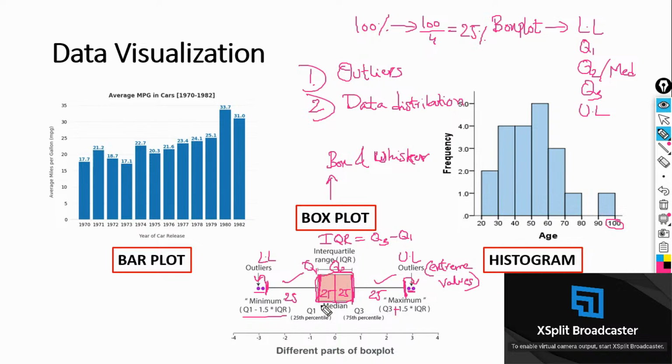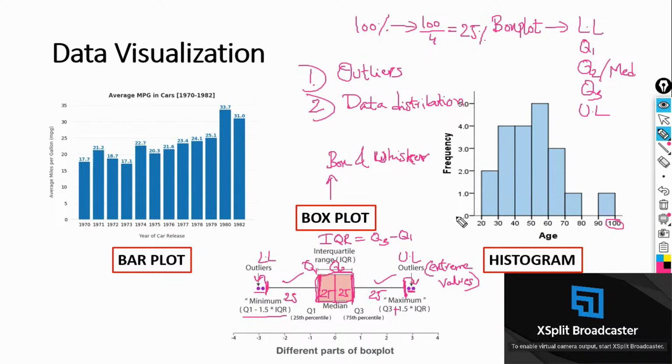The IQR, this box alone, will have 50% of your data. Then the right whisker will have 25% of the data, and the left whisker will have 25% of the data.